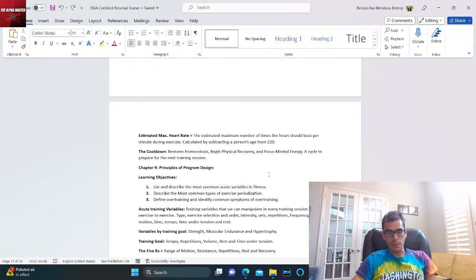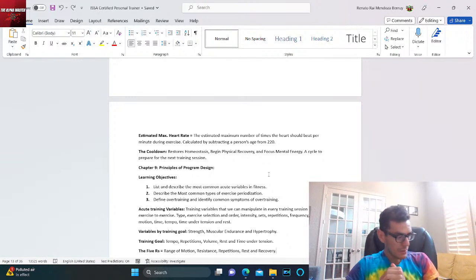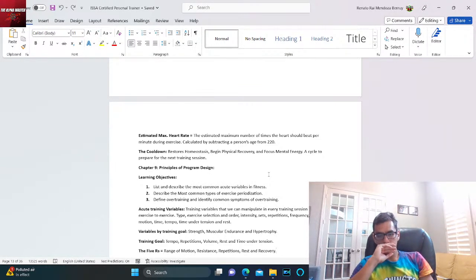For the training goals, you're going to have tempo, repetitions, volume, rest, and time under tension for the variables.